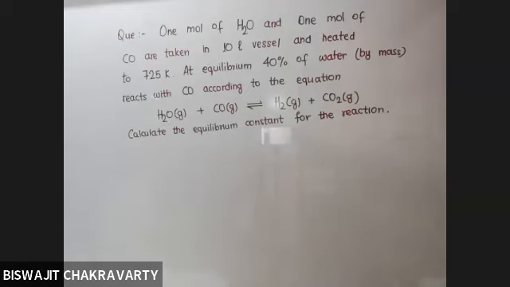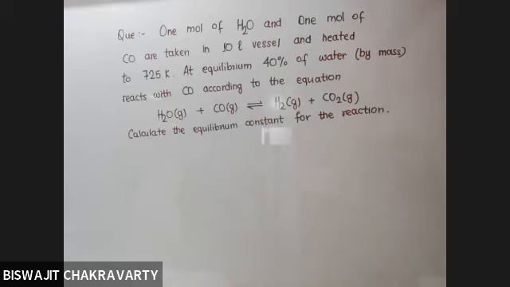So how will you try to proceed? You are given 1 mole of water and 1 mole of CO, taken in a 10-liter vessel and heated to this temperature. At equilibrium, 40% of water by mass reacts with CO, and you are also given the equation. What you are asked is to calculate the equilibrium constant.